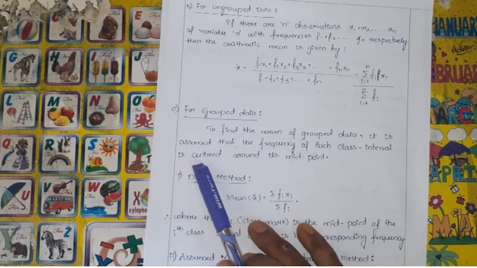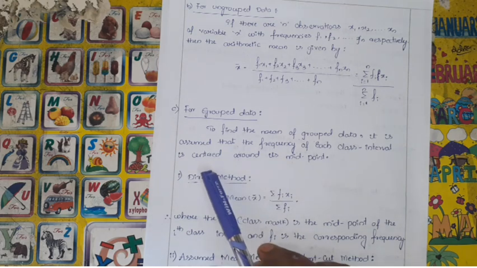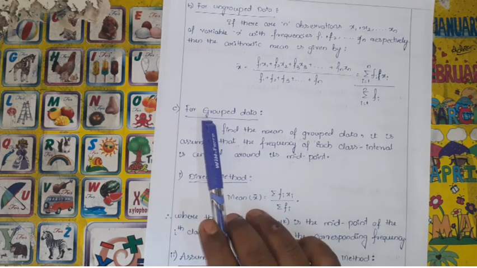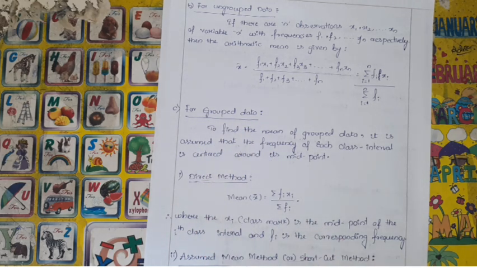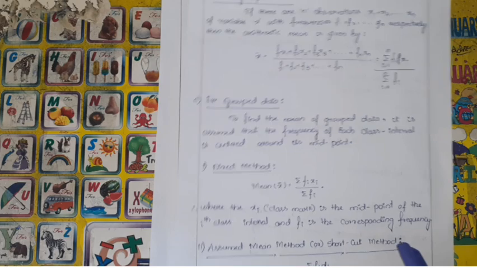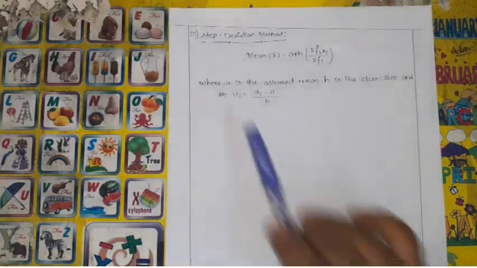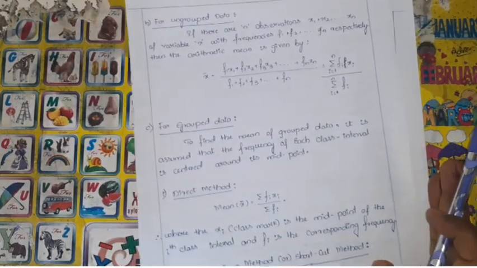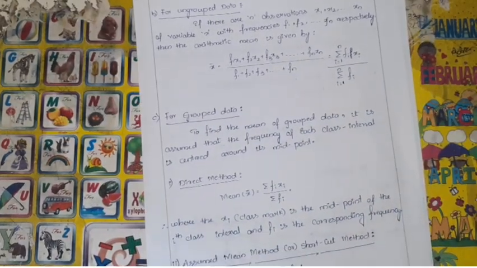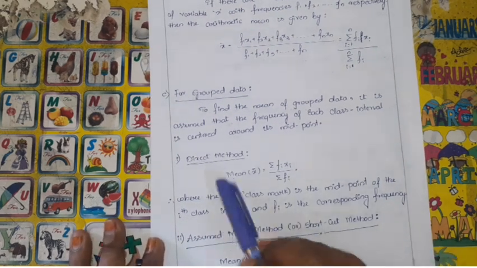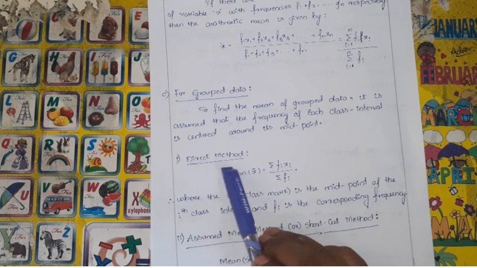Centered means it lies between the upper and lower limits. For grouped data, we have three methods: the direct method, the assumed mean method or shortcut method, and the step deviation method. These three methods are very important to solve problems quickly. First, move on to the direct method.